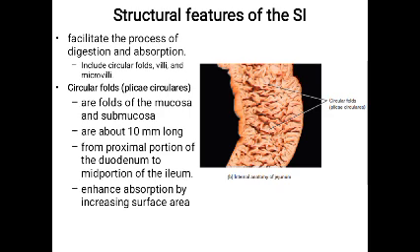Circular folds, plicae circulares, are folds of the mucosa and submucosa, about 10 mm long, from the proximal portion of the duodenum to the mid portion of the ileum. They enhance absorption by increasing surface area.